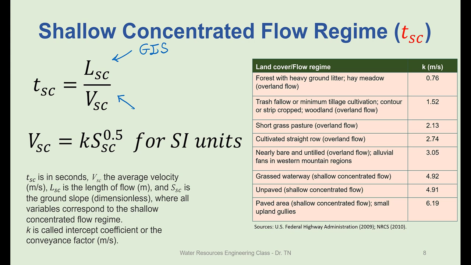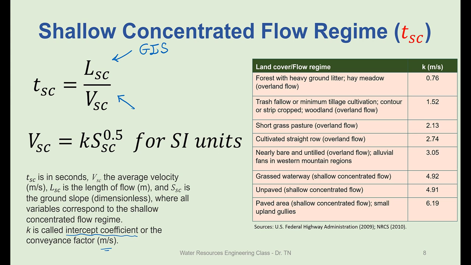We can tell that velocity is a function of slope of the shallow concentrated flow, or S sub SC, and a function of K. This K is called intercept coefficient. And this intercept coefficient has the units of meters per second and is defined based on the land cover and flow regime as well.